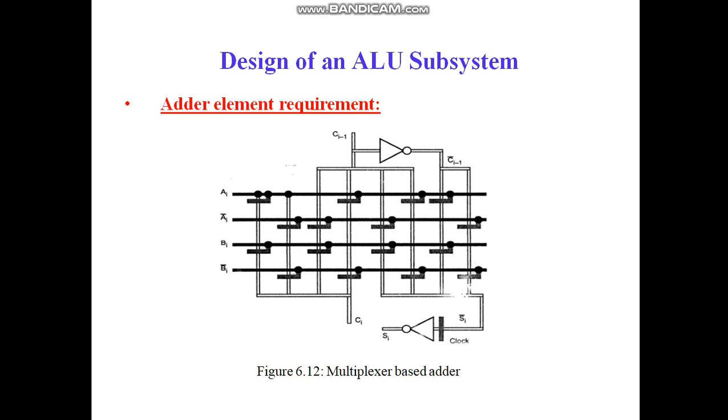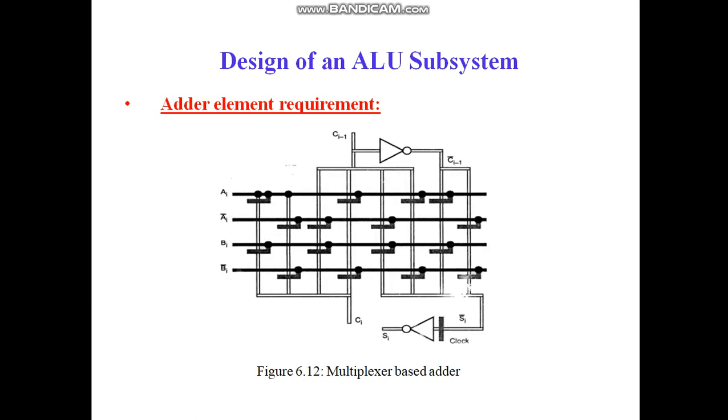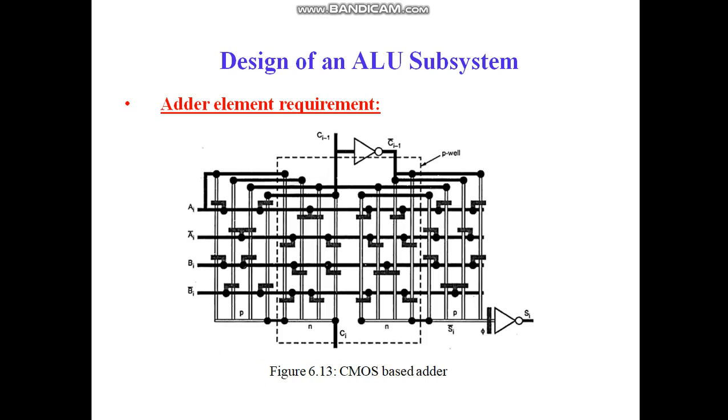Suppose we design the same using CMOS, then you have to consider both the P diffusion as well as the N diffusion. So this is the circuit you get. This circuit is drawn considering only the NMOS, whereas in CMOS you have P diffusion as well as N diffusion, so the combination of that is taken and this diagram is drawn.